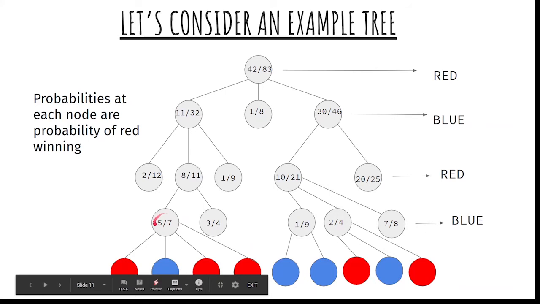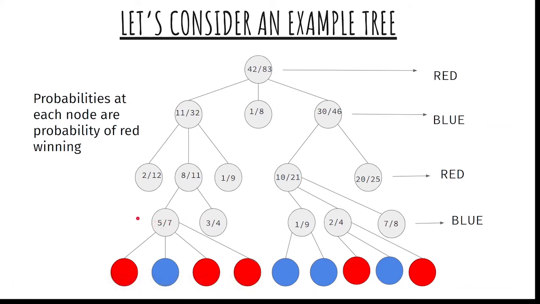This probability at each node represents the probability of red winning. You can take blue as well, but we have kept it uniform throughout the entire graph, keeping it the probability of red winning. So what 5 by 7 represents is we've played 7 games at this node, and out of those 7, red has won 5 times. So it's 5 by 7.